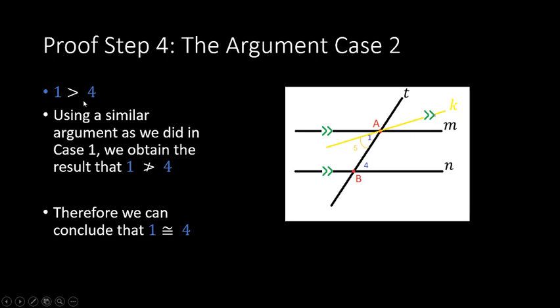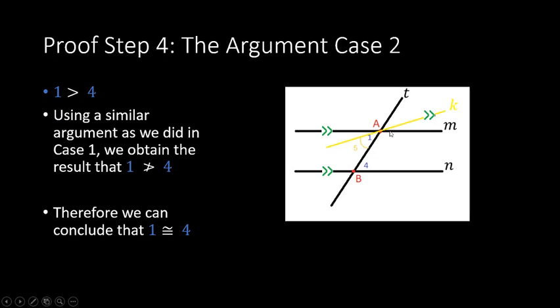Our second case is that angle 1 is greater than angle 4. Once you use a similar argument to the one used with case 1, you'll obtain the result that angle 1 cannot be greater than angle 4. This diagram here depicts that in this case, again, angle 5 will be congruent to angle 4.